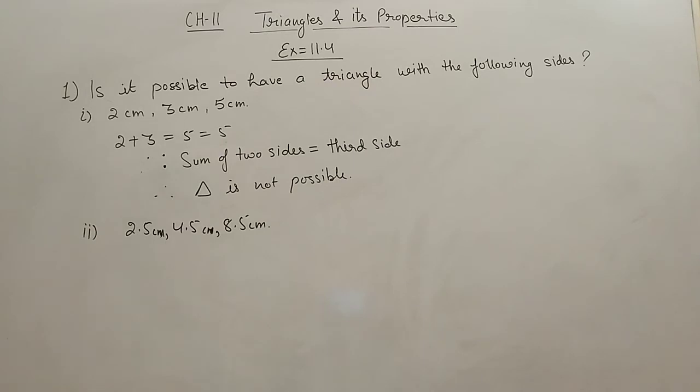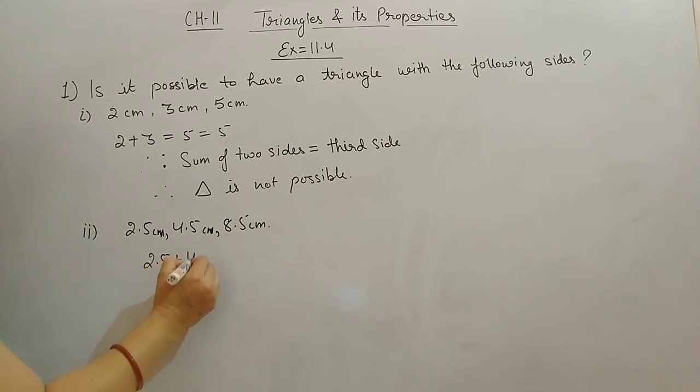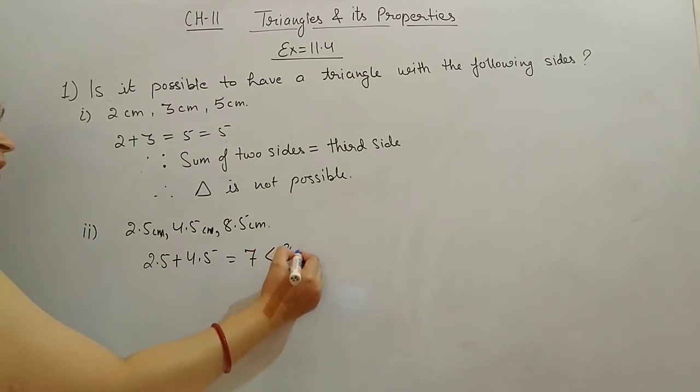Second part, the sides given are 2.5, 4.5 and 8.5. Here also we will take the smaller two sides, 2.5 and 4.5, and do the sum of these two sides. 2.5 plus 4.5 is equal to 7, which is less than 8.5.